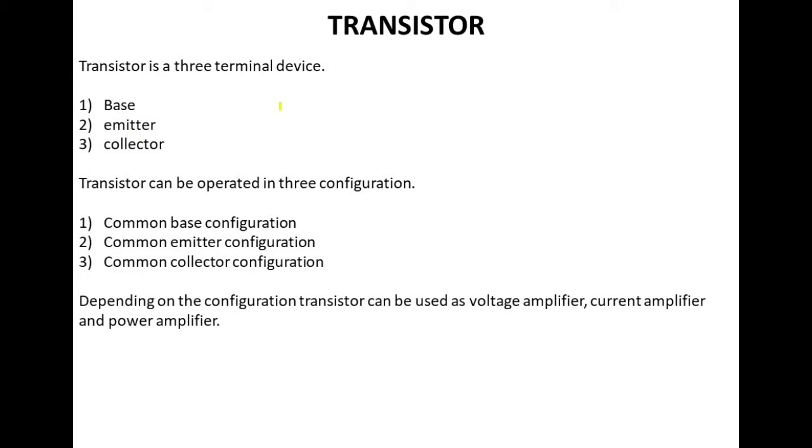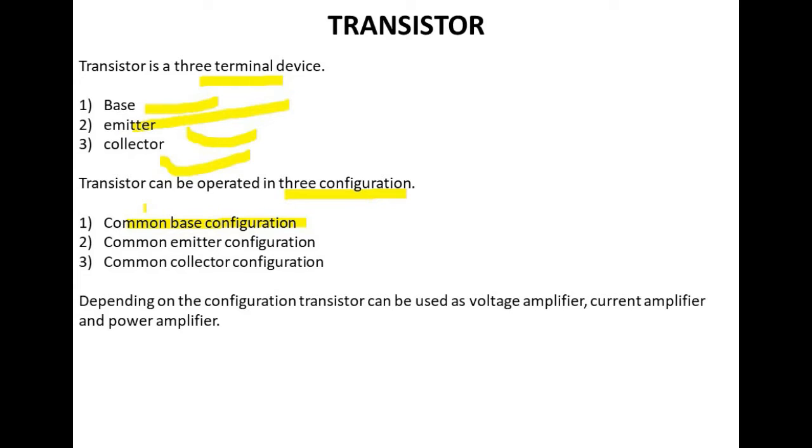Transistor is a three-terminal device: base, emitter and collector. And transistor can be operated in three configurations that we are going to study. First, common base configuration. Here base will be common in both the sides, input side and output side.